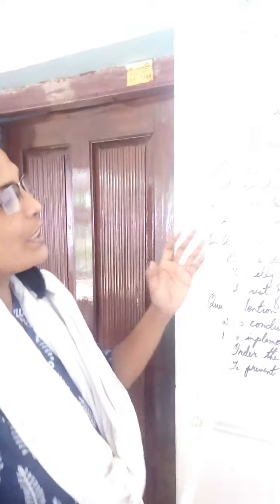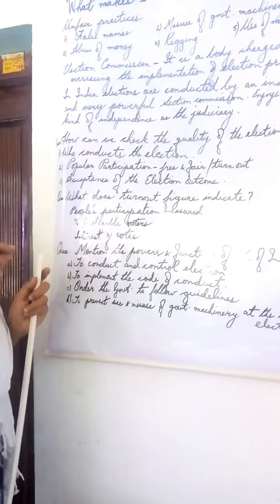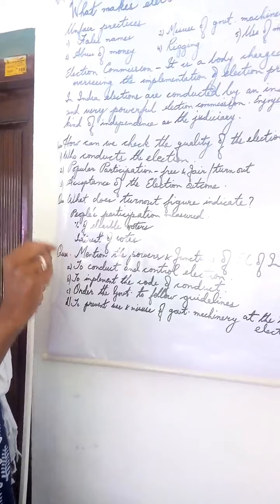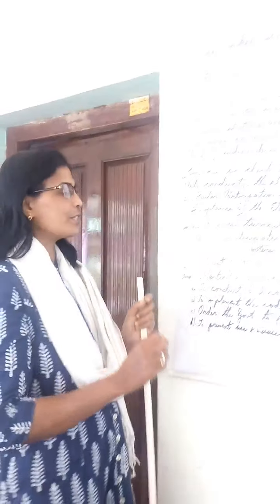Now let us learn about the turnout figure. What indicates the turnout? We call it people's participation. If I want to find out how many people have cast their vote, I have to measure the participation. We calculate the percentage of eligible voters: of all those who were eligible, how many came to cast their vote?